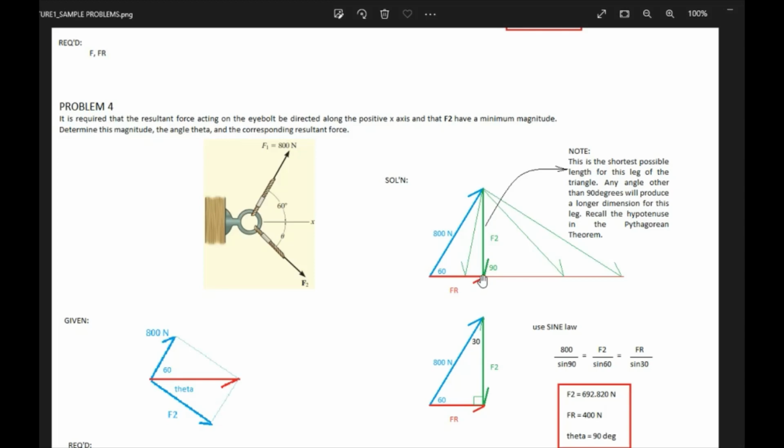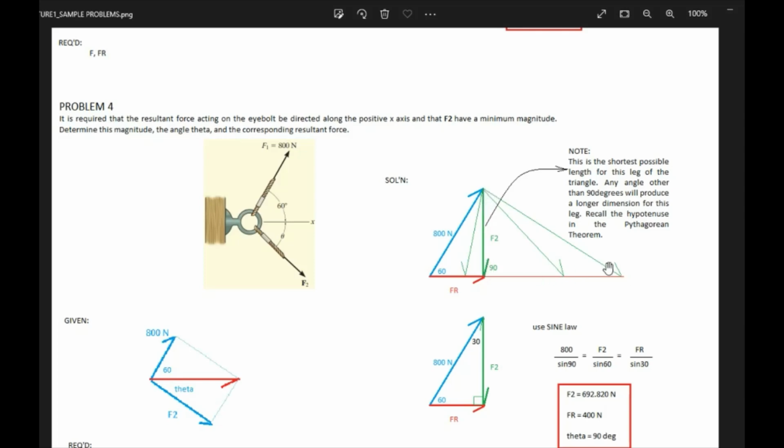Kasi, recall nyo lang guys, yung Pythagorean theorem, di ba? Sabi doon, yung triangle na ang isang angle ay right angle, yung third side, which is the hypotenuse, would always be the longest side. Okay? So, kung yung opposite ng 90 degrees, yun yung hypotenuse.